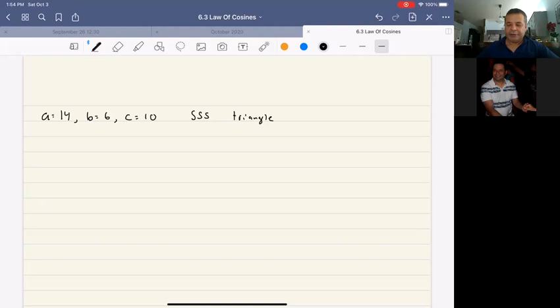One of the things I want to keep in mind when doing a side, side, side triangle is you always wonder which side should I start with, or which angle should I start finding? I make the argument that you should always start with the angle across from the largest side.